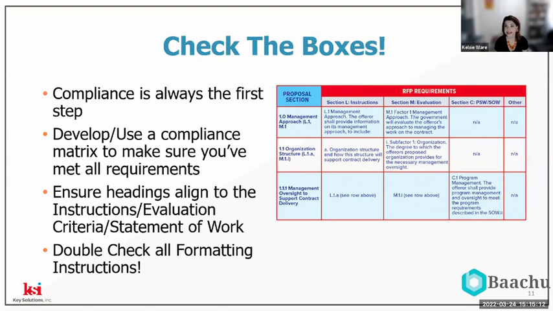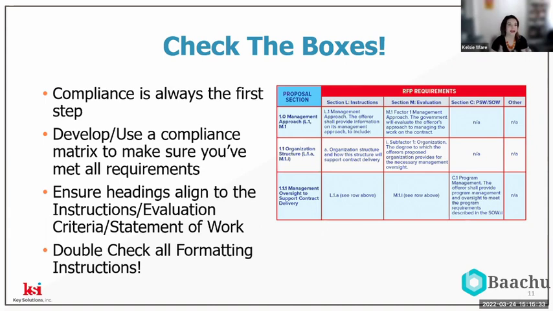Another really easy thing for people to miss, or that is easily overlooked, that is really important to compliance, is to always make sure you're double checking your formatting instructions. Especially if you're in a document day in, day out, looking at it continuously, it can be very easy to develop format blindness.